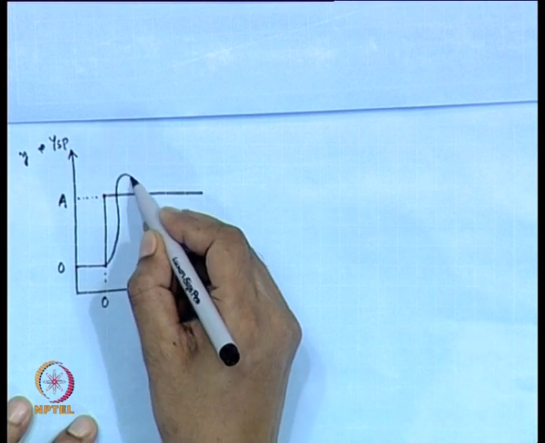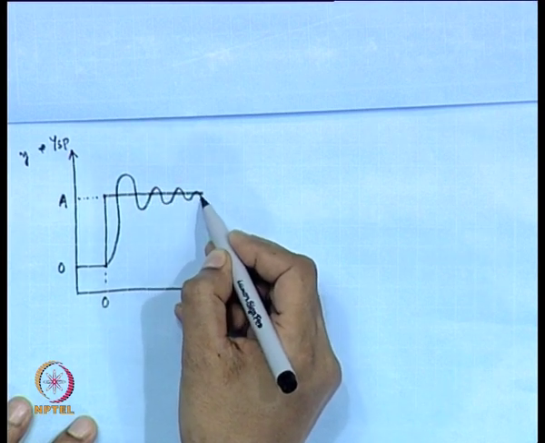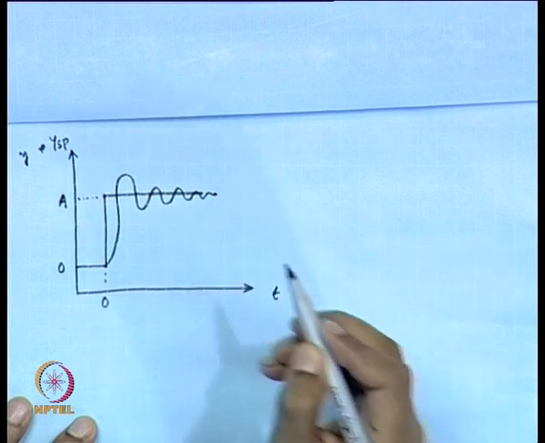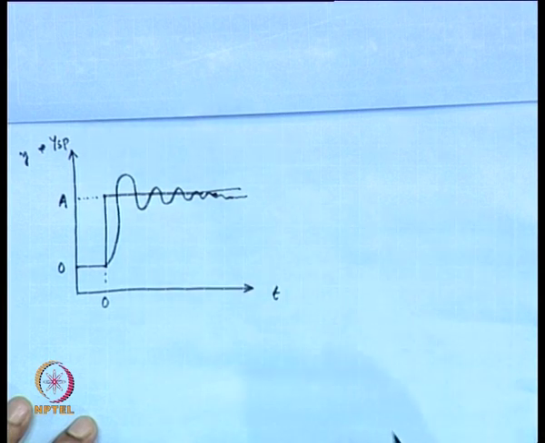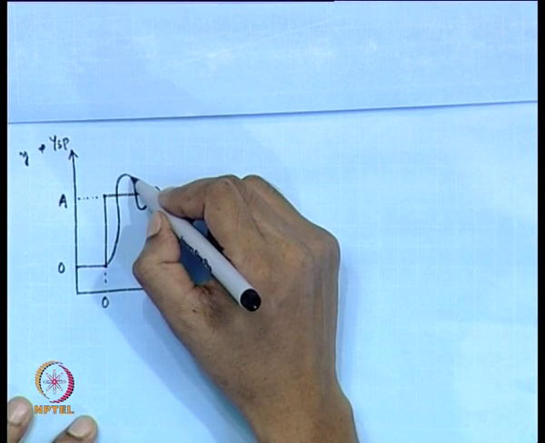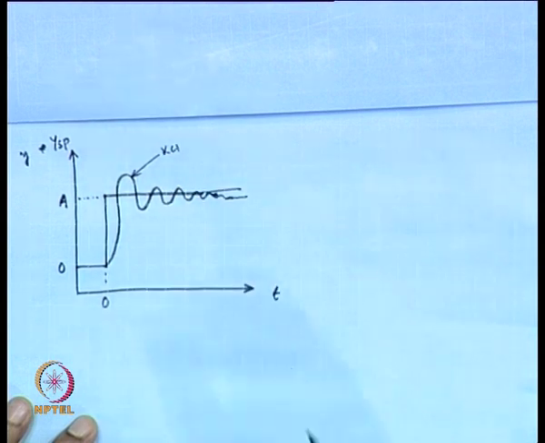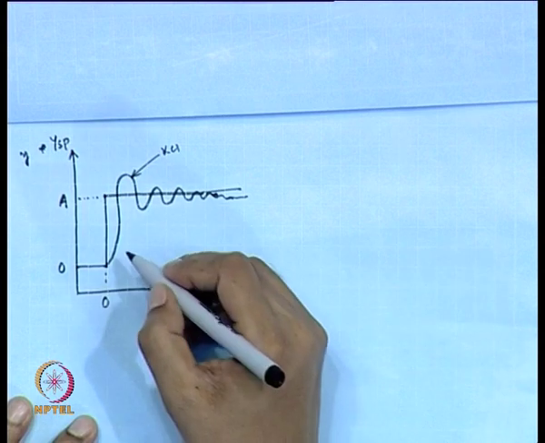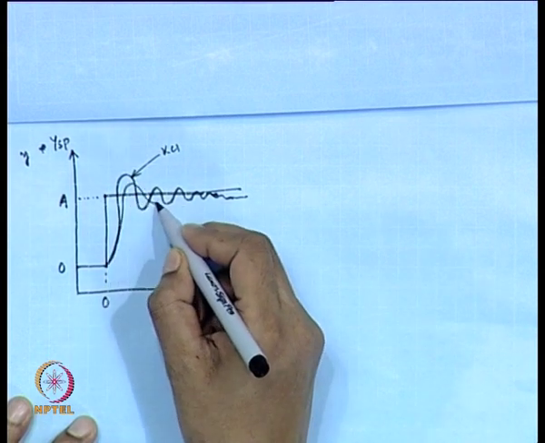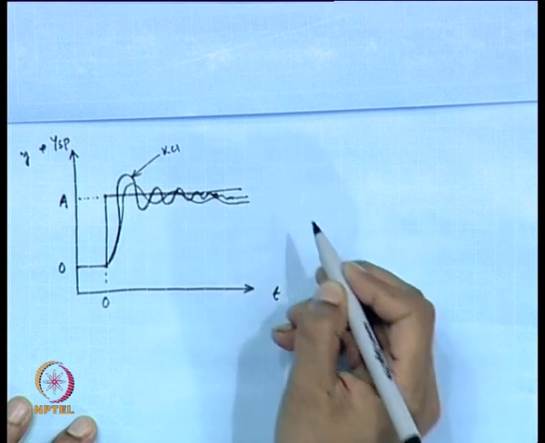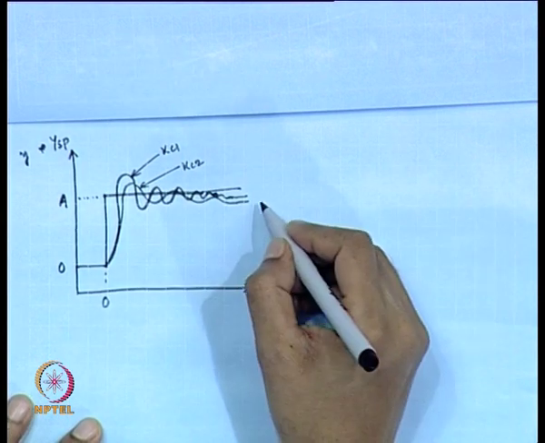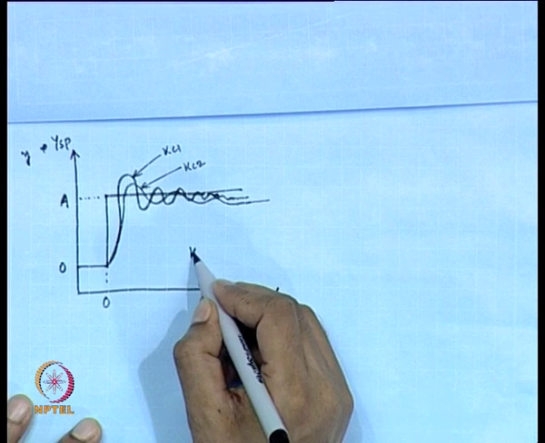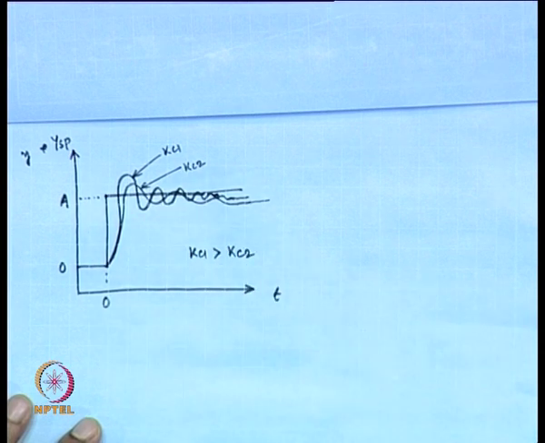Now, the closed loop response is like this for a particular Kc, suppose Kc1, and this is for another Kc, suppose Kc2. Here Kc1 is greater than Kc2, fine.